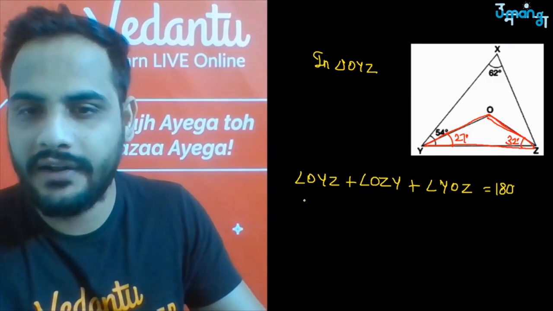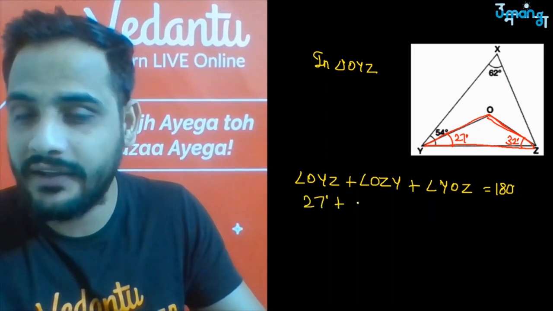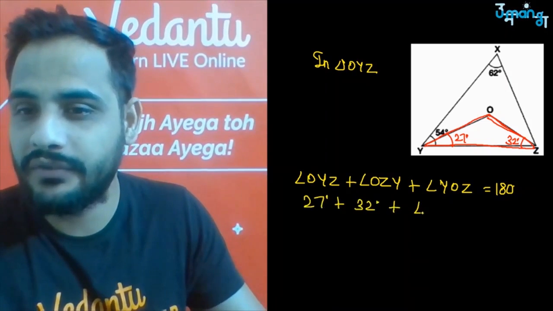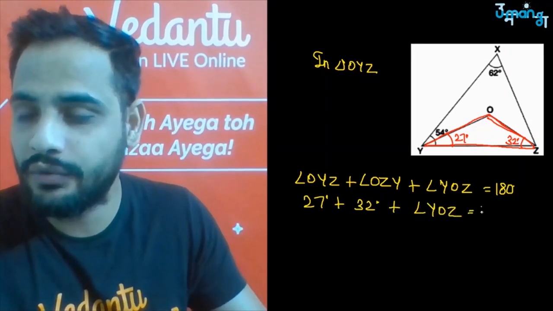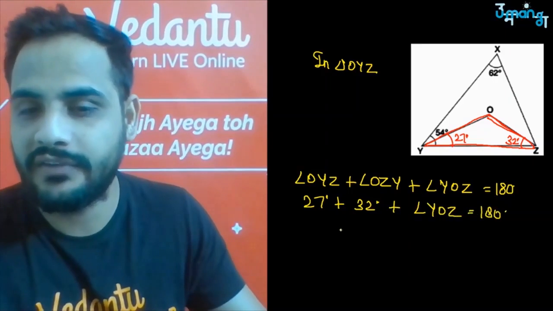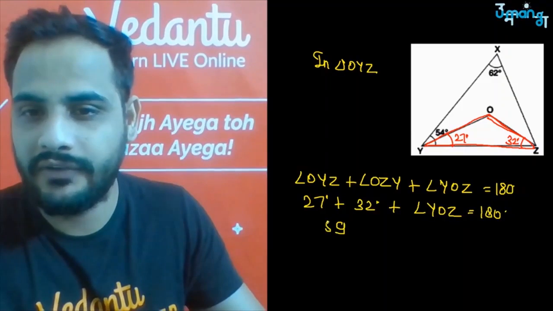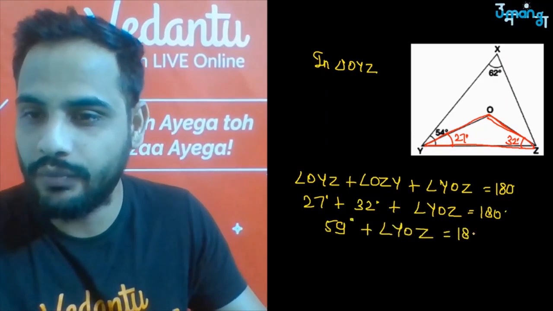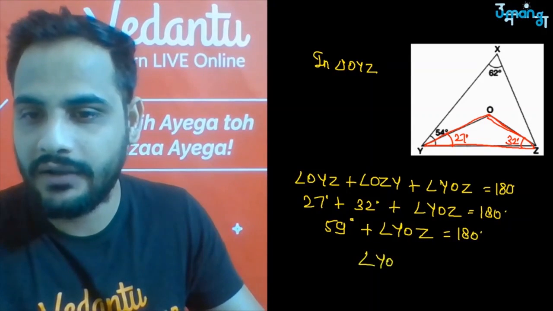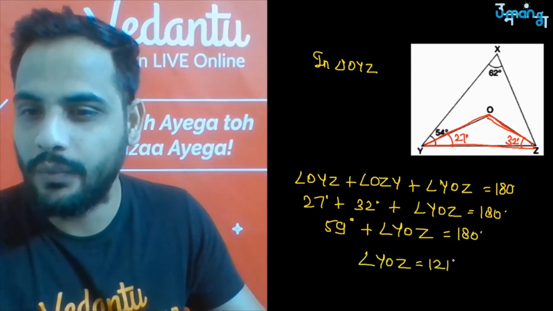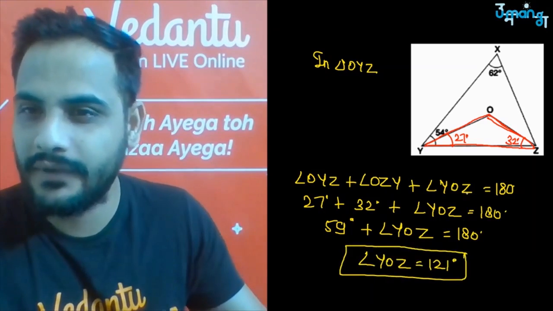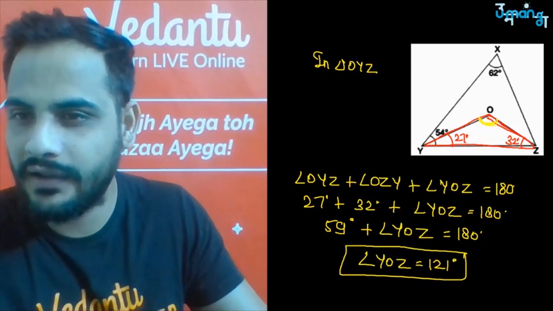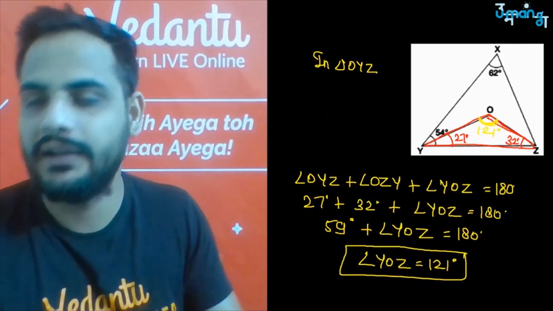Angle OYZ is 27, OZY is 32, plus YOZ, which I don't know, is equal to 180 degrees. So 27 plus 32 is 59 degrees plus angle YOZ is equal to 180 degrees. So angle YOZ will be equal to 121 degrees. This angle is equal to 121 degrees.